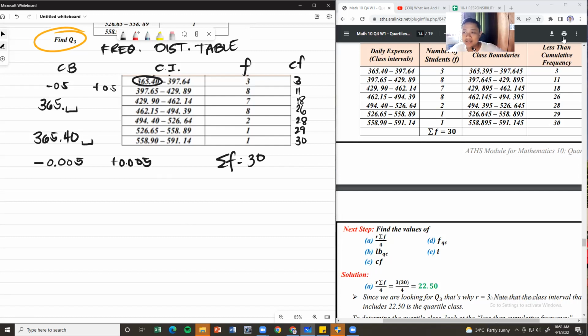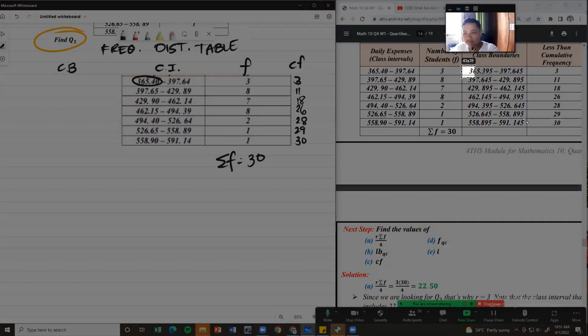Okay, very good. Okay, thank you. So we are now up to finding our class boundaries. So, minus 5 lang natin yan. Minus 0.005, you will end up with these values.